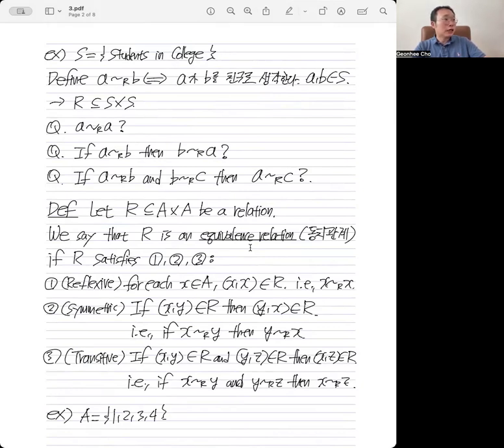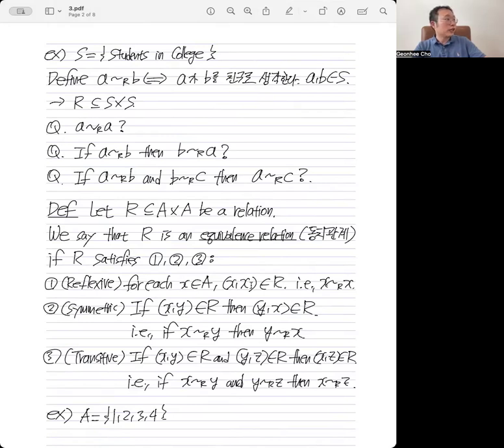An equivalence relation is a relation defined on the product A cross A, not A cross B in general. So it's a relation used to group objects into the same kind. For a relation to be an equivalence relation, it must satisfy these three conditions. First, every object must be related to itself.